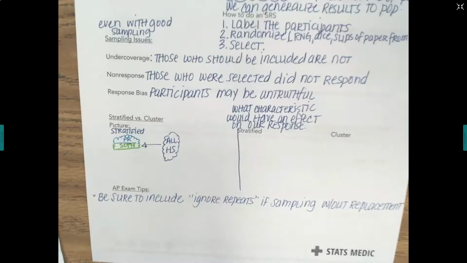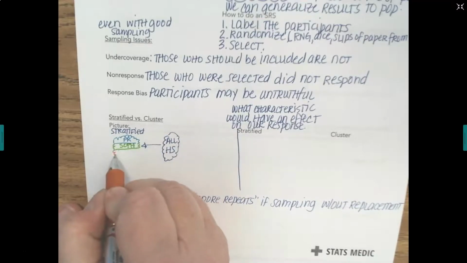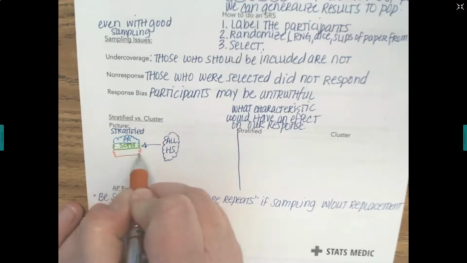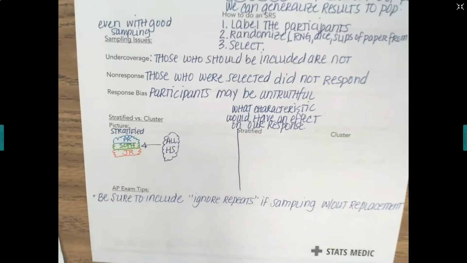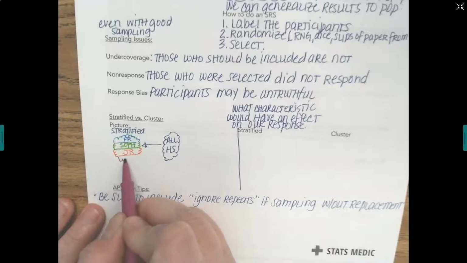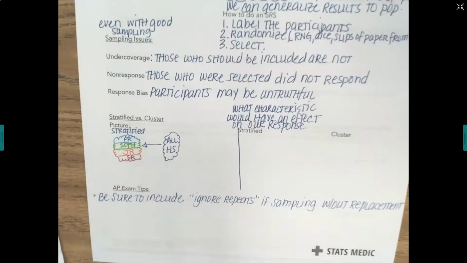Then I'm going to have my next group from my cloud. That's going to be my juniors. And then I'm going to have my last group from my cloud. That's my seniors. So I got these 4 groups now.